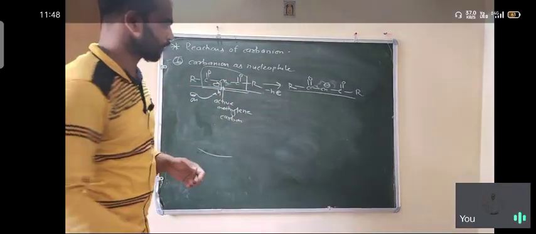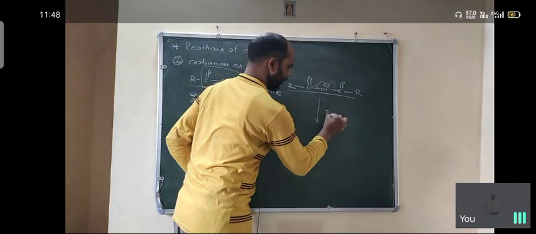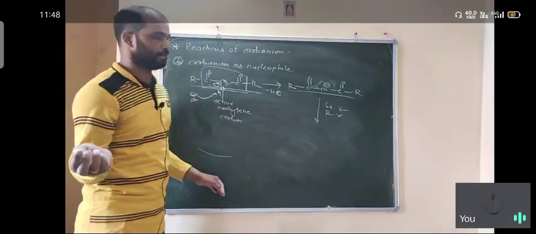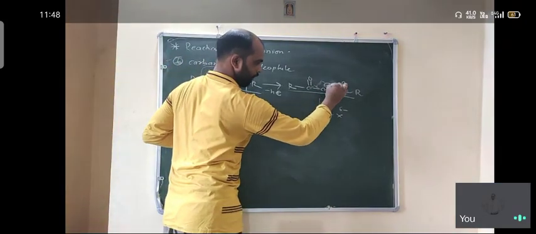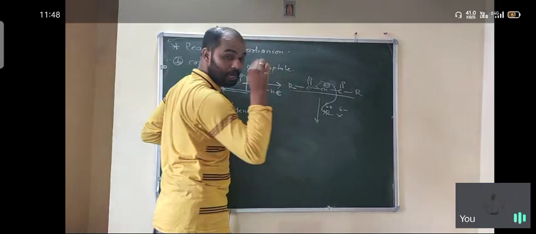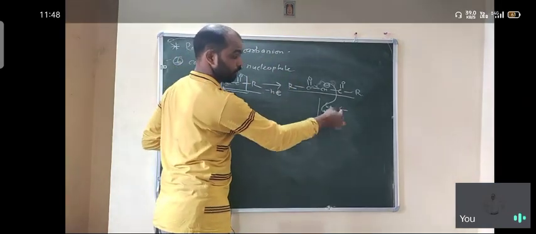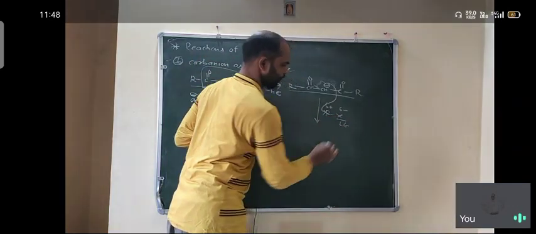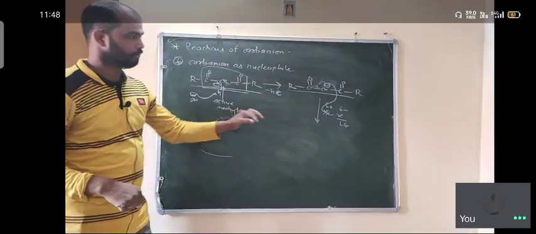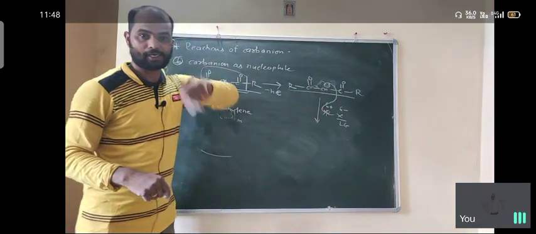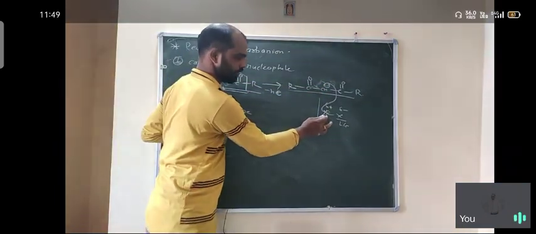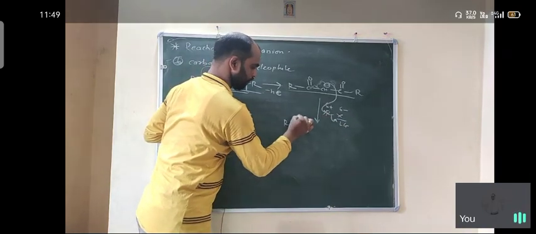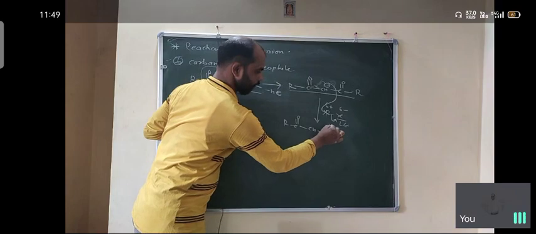Which electrophilic species? Suppose we consider RX, where R is positive and X is negative. You already know alkyl halide. The carbanion will attack the carbon where the halogen is, where X is attached, which is the leaving group. We just represent it generally as R here. So finally we get CH C double bond O R.